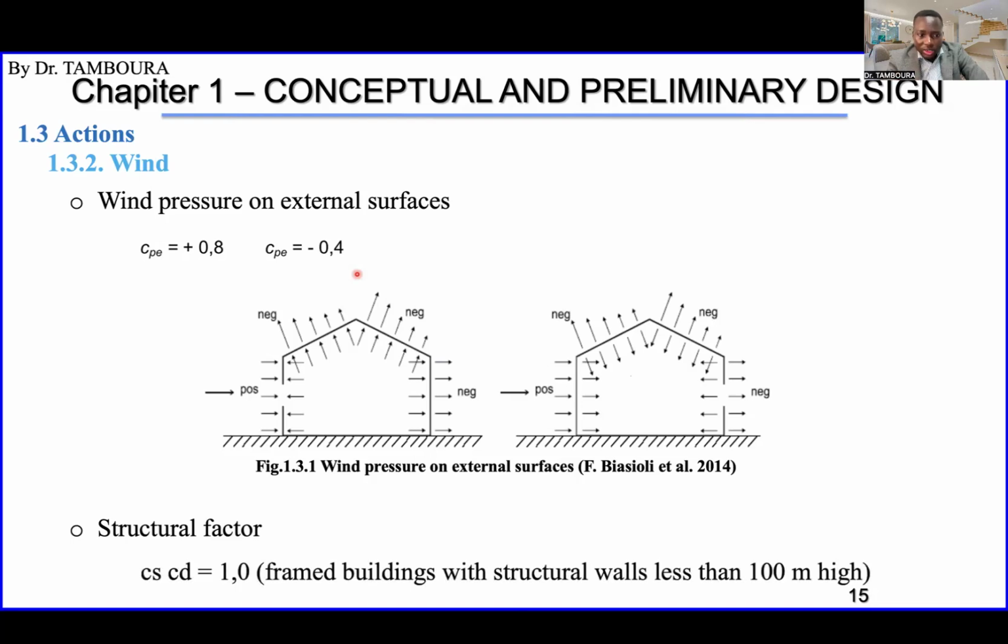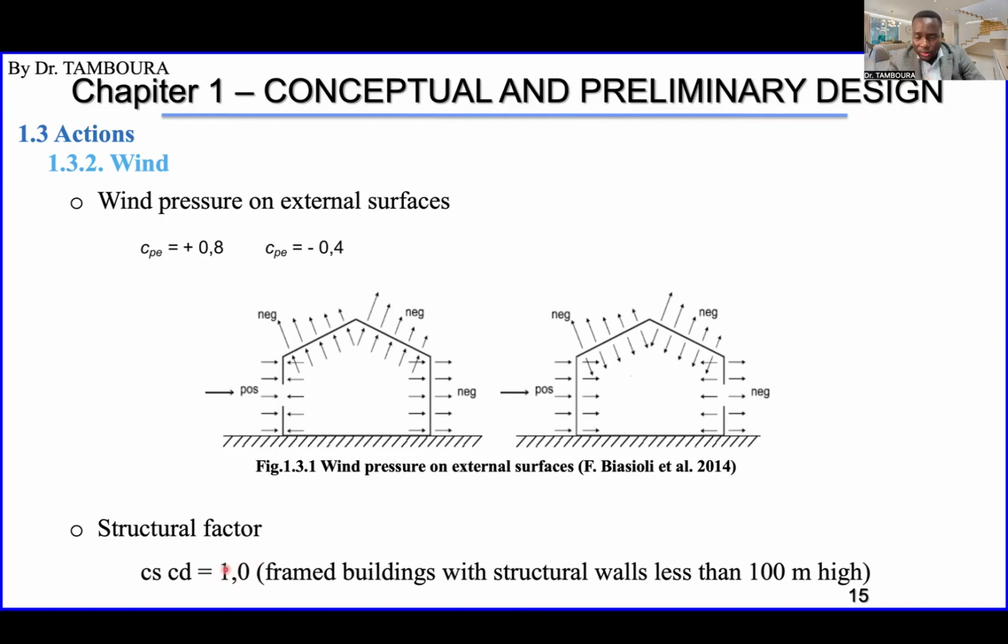In our case, another factor you have to consider is this one, the structural factor. If you're building, like in our case, framed buildings with structural wall less than 100 meters of height, then this factor is considered as 1.